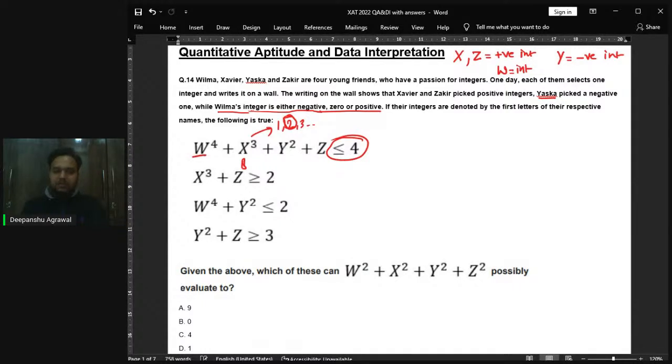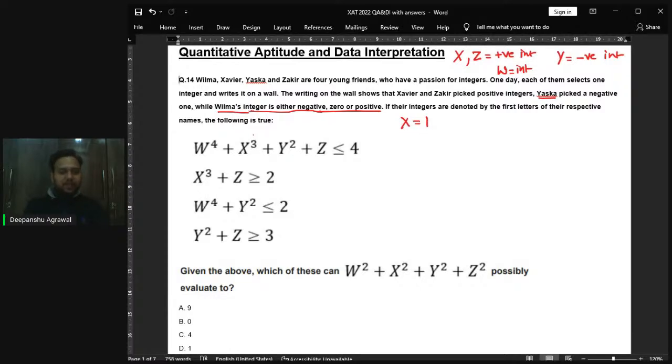There's no other integer that can cancel or reduce this value. So the value of x cannot be 2 or greater than 2. So we are left with only one value of x. We are definitely sure that the value of x would be 1.